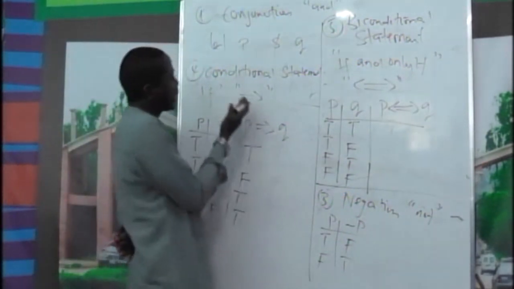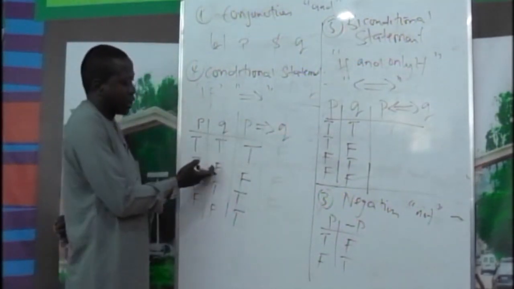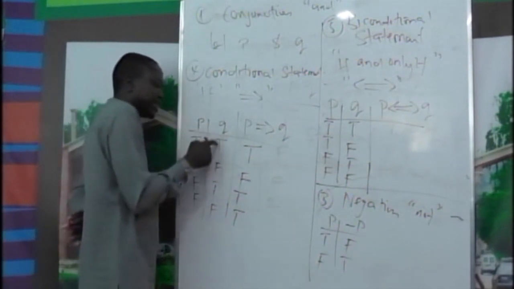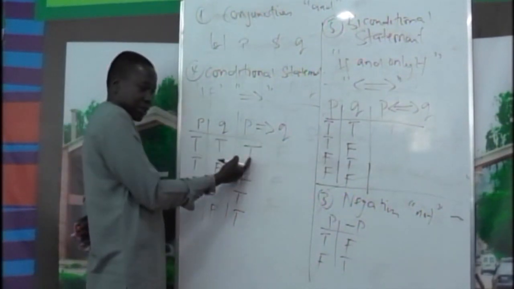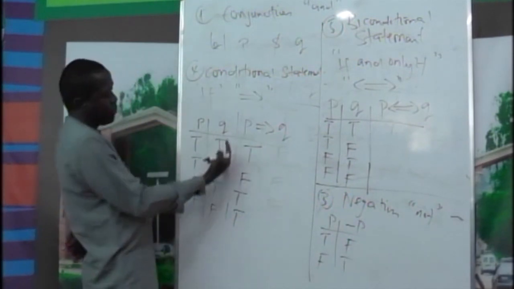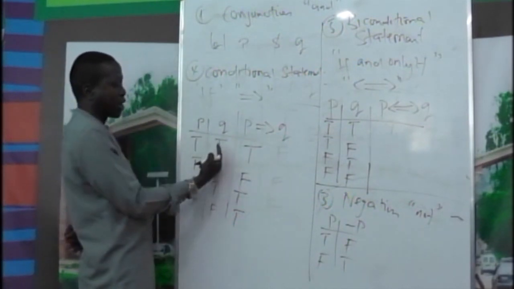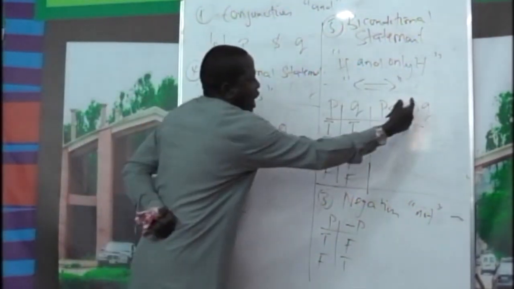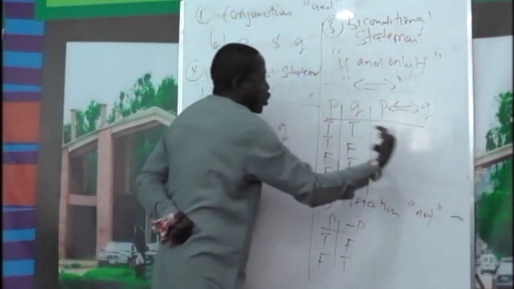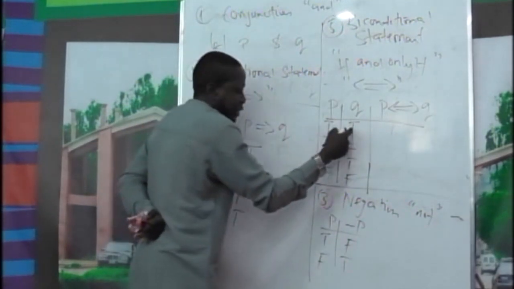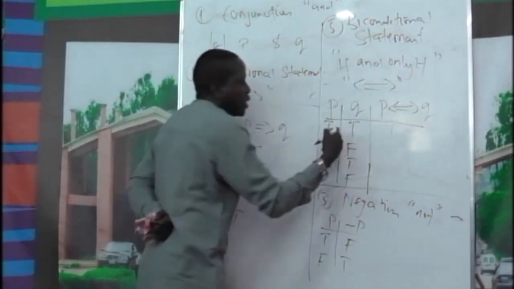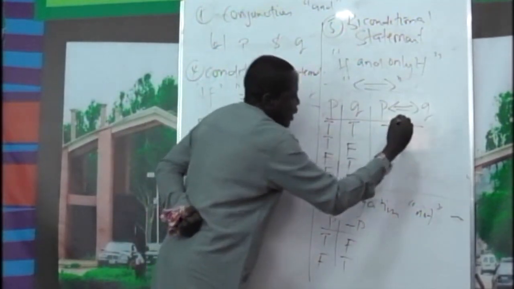Now, like we did under conditional, I said T implies T in the front, which is yes. But if I'm going back, can T also imply T? Yes. So now in this case, because we are having two arrows, it goes front and also comes back. T implies T, yes, in the front. T implies T, yes, in the back. So now the two are T. So it means here will be what?